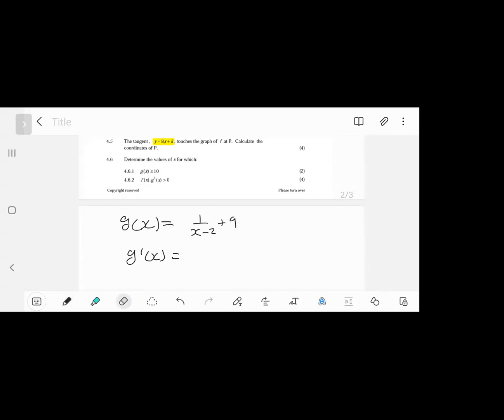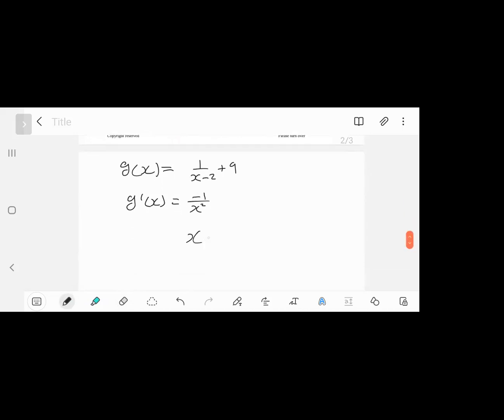What is the derivative of that? I got negative 1 over x to the power of 2. How did you get this? The x minus 2 at the bottom, I put it on top and then I distributed a negative 1 to each of them.